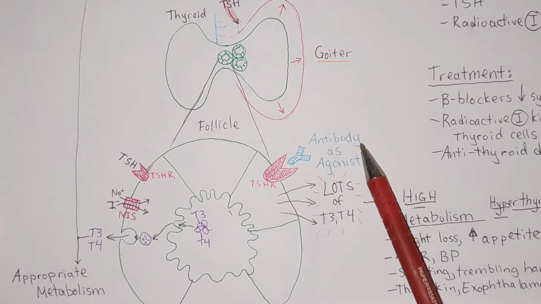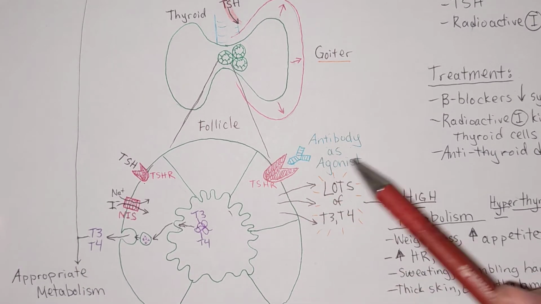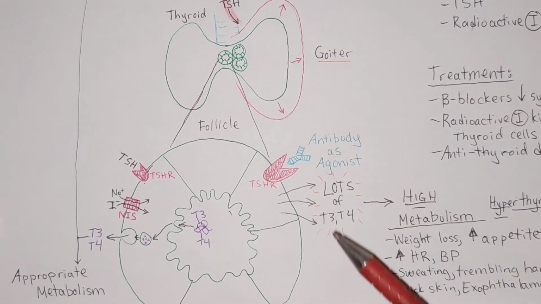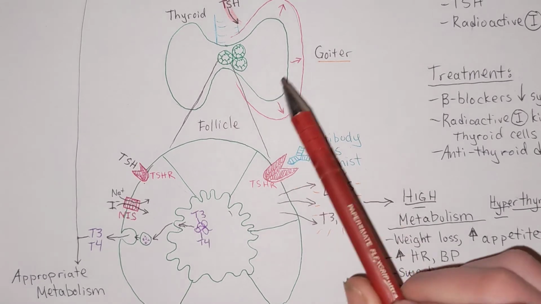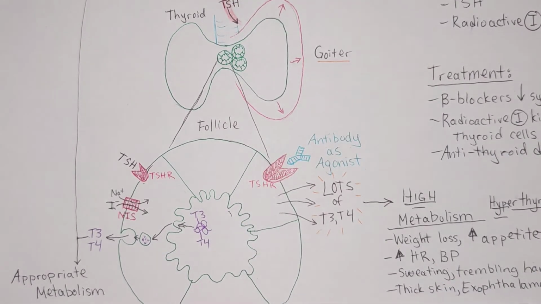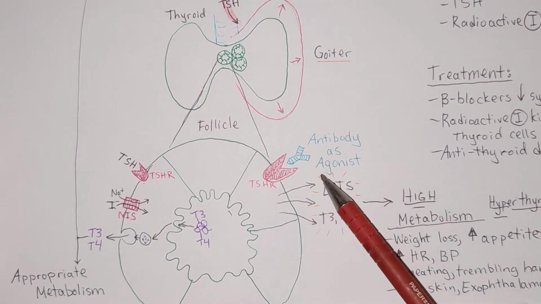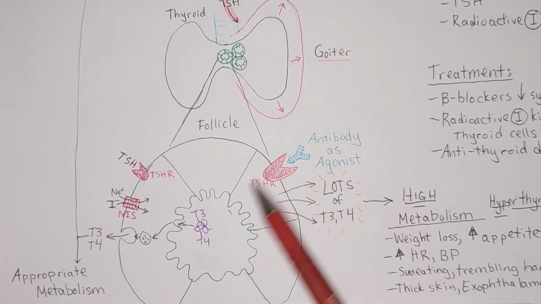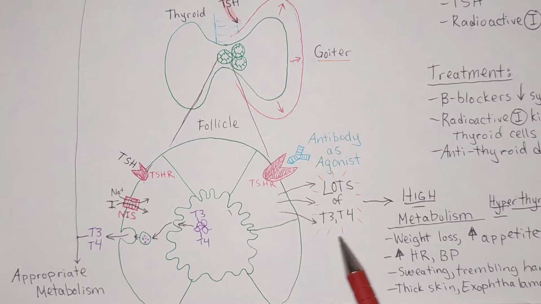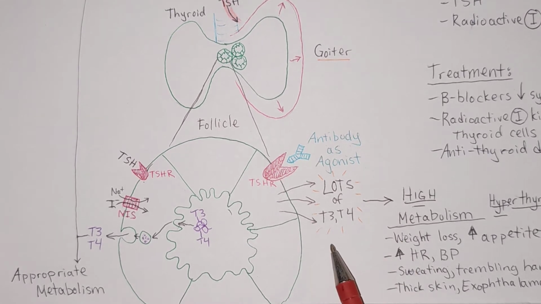But here, the antibodies are not actually regulated as part of this negative feedback loop, and so there is no suppression of TSH and TRH released farther upstream. What ultimately happens is that these follicular cells are stimulated over and over and over again, and so there's a lot more T3 and T4 released into the blood than there otherwise should be.